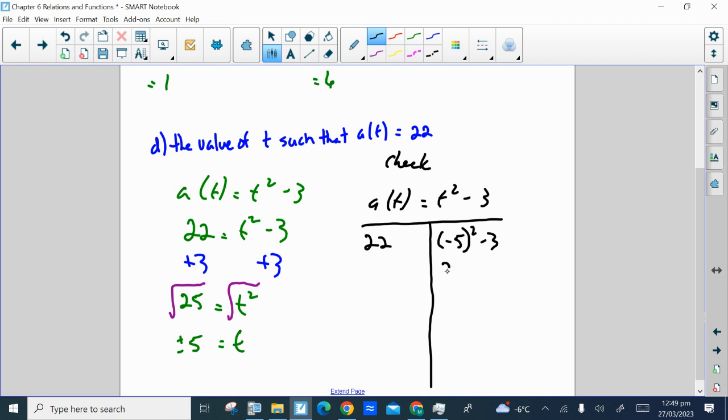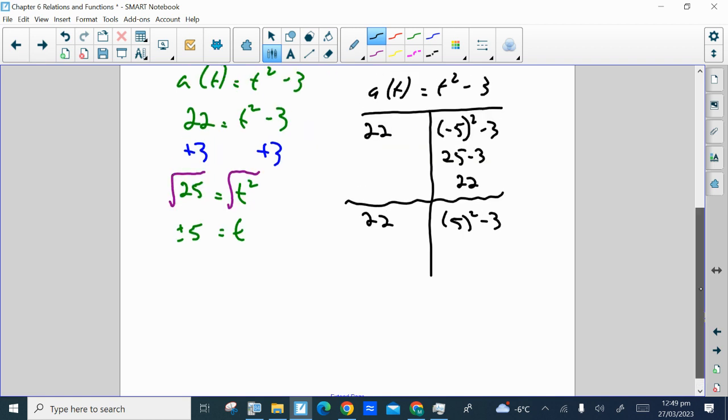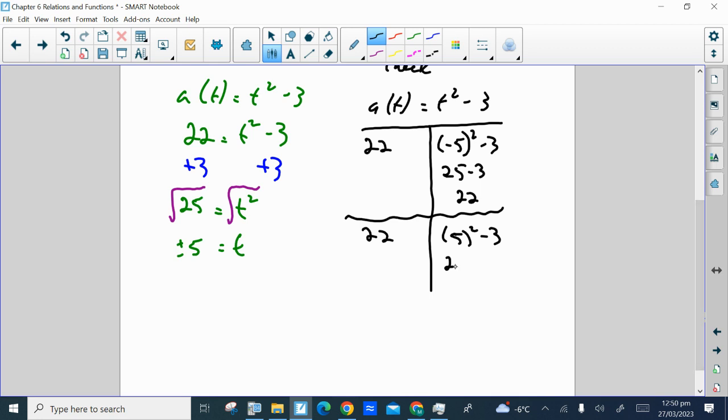Negative 5 times negative 5 is positive 25. Take away 3 is positive 22. So negative 5 works. Now let's check and make sure positive 5 works. And it does, because positive 5 all squared is still 25, and 25 take away 3 gives us our 22. So they both check. When you're solving an equation and you take the square root of both sides, there's always going to be two answers, the positive and the negative root.